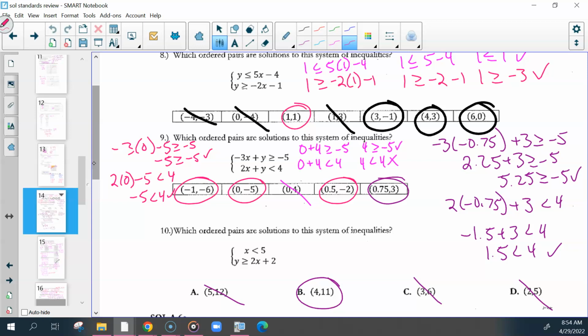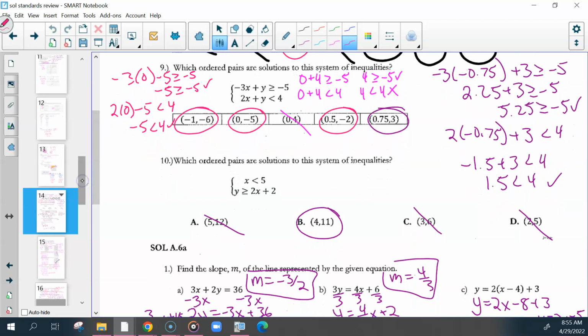The other 2 fell on the outside, so I checked those, and they both worked. So you ended up with 4 solutions there. Number 10, there was only one answer that was correct. If you put these into Desmos, only this one fell in the shaded area. Do we need to see any of those?